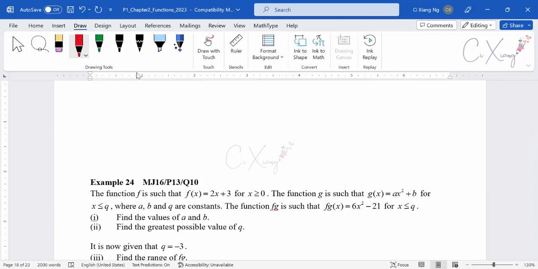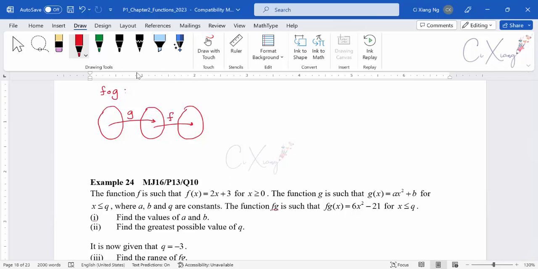Okay, when we are having the composite function fg, when we are drawing the arrow diagram, the g function will go first, right? So I'm having two circles here. The first function that goes first will be g, followed by f.